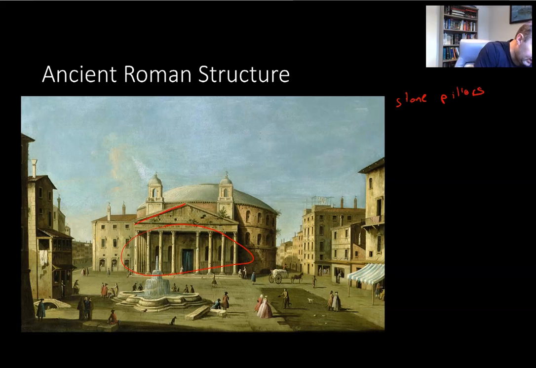We've got the sloped roof. And we've even got this sort of dome-shaped roof above the bigger portion of this building. So, dome-shaped roof as well.